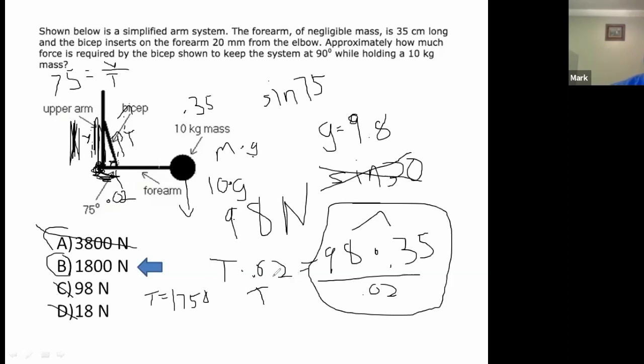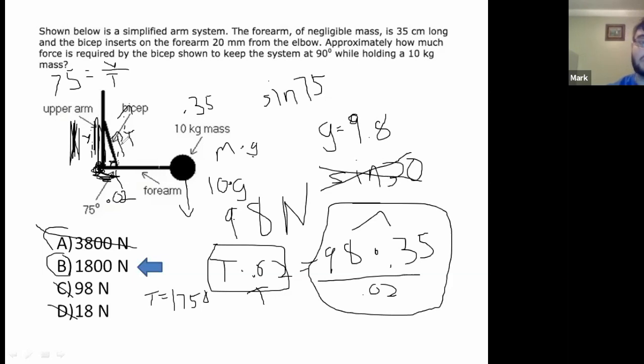If the arm is not moving, that means F net is 0. That means you want to set the up equal to the down. The down we know is 9.8 times 0.35 because it's torque. So this is the torque of the weight going down at this end, and this T times 0.2 is the torque of the bicep.